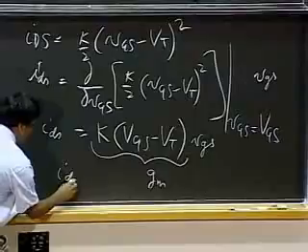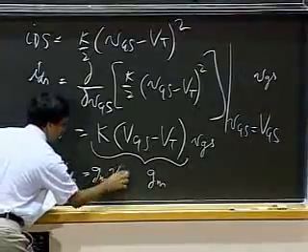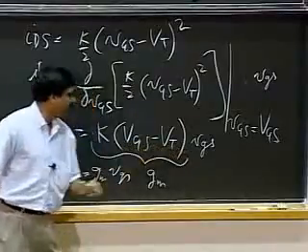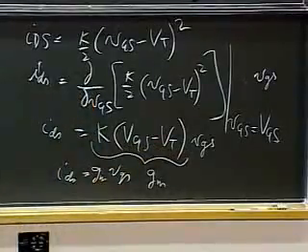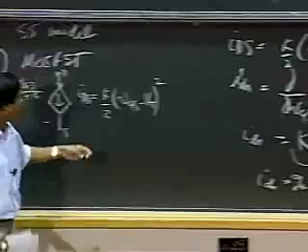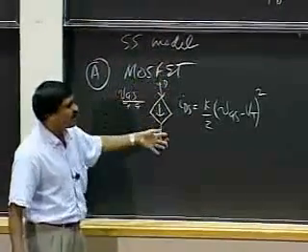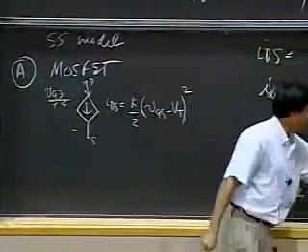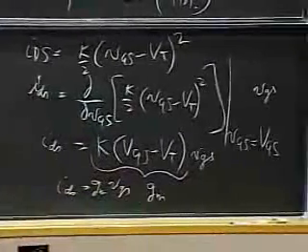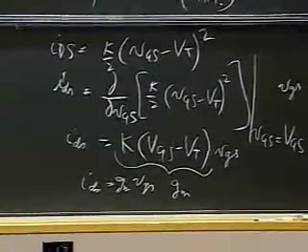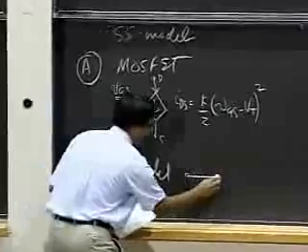So IDS equals GM VGS. GM is a representation for K times (VGS minus VT), and it's called a transconductance. It's called a transconductance because it reflects the conductance properties of this based on the input. So therefore I can build the small signal model as follows.